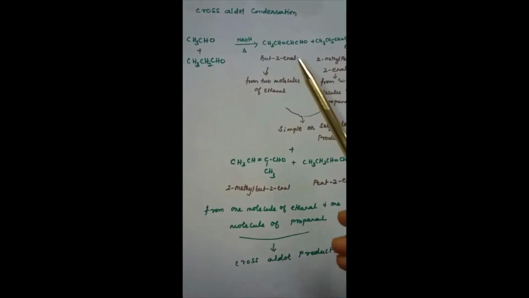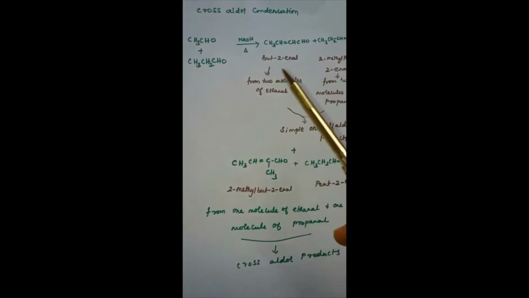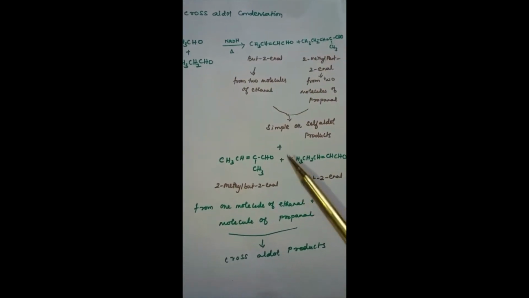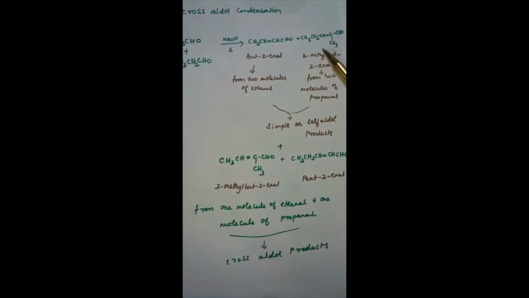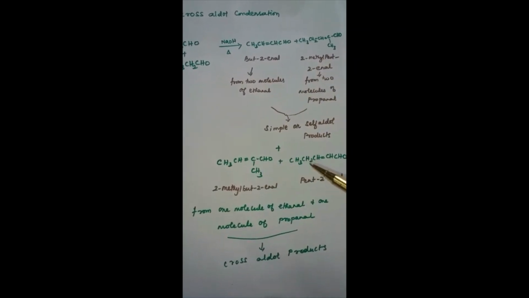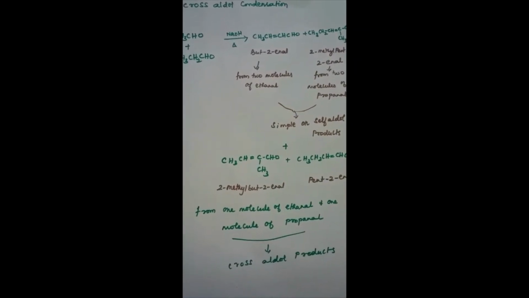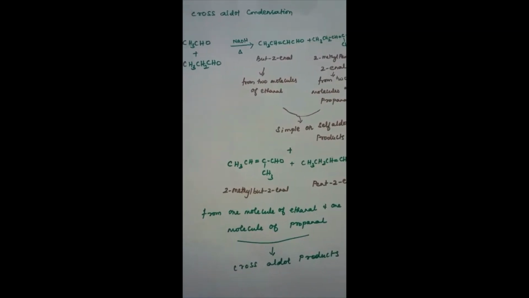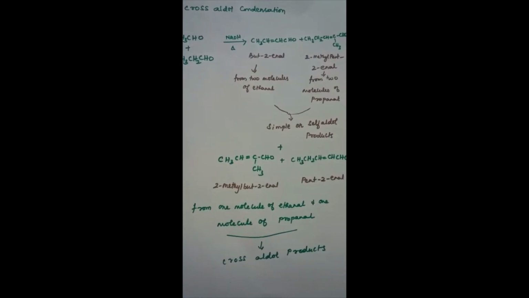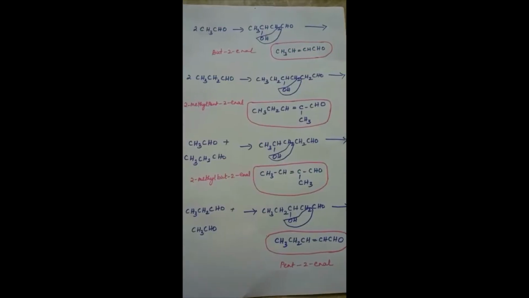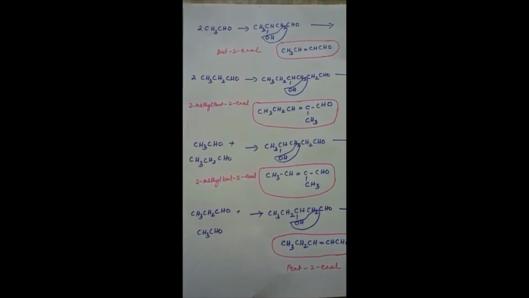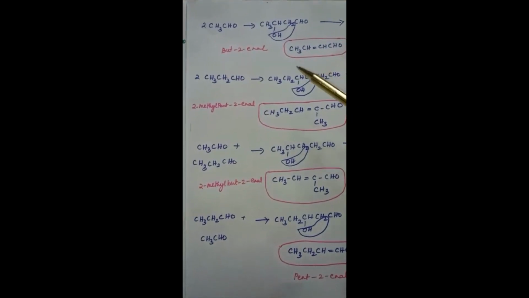This is your overall cross-aldol condensation reaction where you are having a mixture of four products. 1, 2, 3, 4. And how we have got that also we have discussed. This is how we are getting our cross-aldol products.